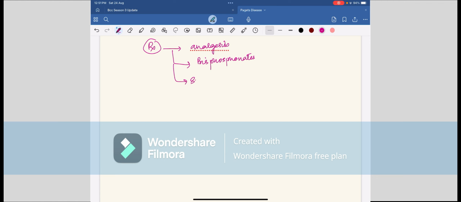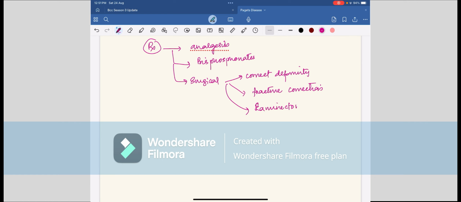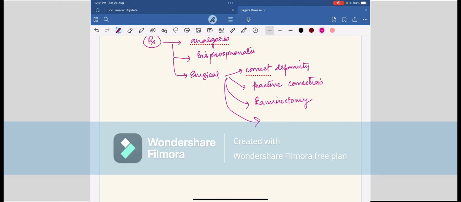Then there are certain surgical options, like to correct the deformities, fracture correction, or doing laminectomy to relieve spinal cord compression. Another thing can be joint replacement.